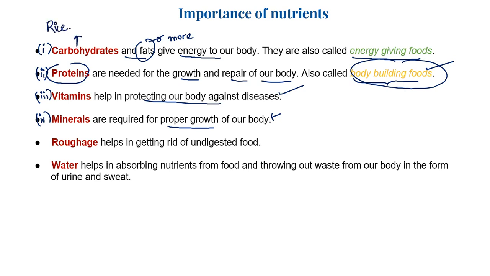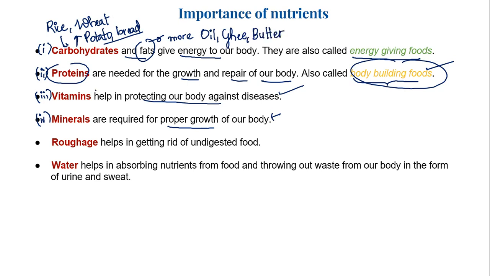Carbohydrates are present in rice, wheat, potato, bread, right? So these are the foods which have a large amount of carbohydrate in them. Fats are present in oil, ghee, butter.